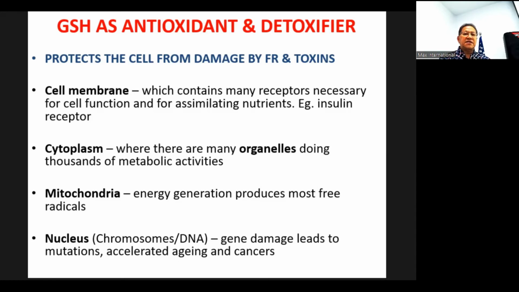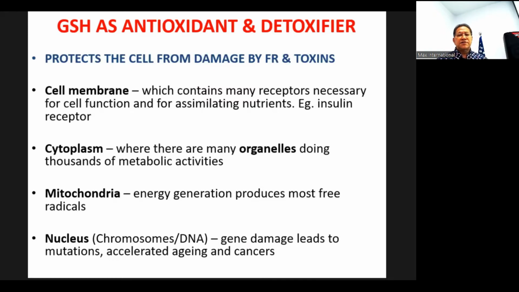Then inside the membrane, the cytoplasm, there are many organelles doing thousands of metabolic activities, all need to be protected. And in particular, the mitochondria, where energy is produced. Without energy, nothing works. So mitochondria is the energy production factory.